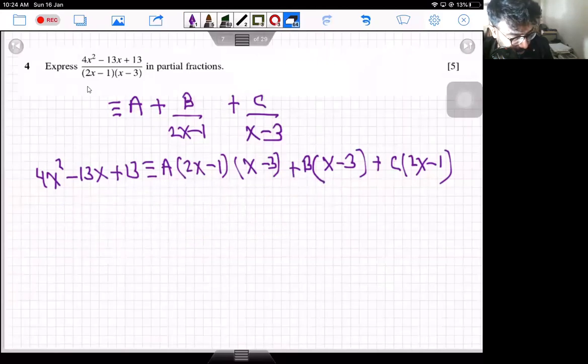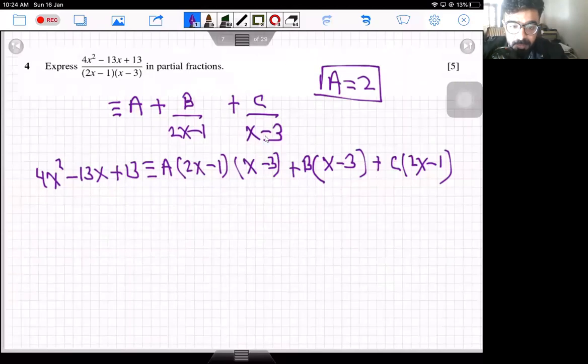I'm erasing this working. Now I'm going to make a and b equal to 0. I want to eliminate a and b so that I can find the value of c. For that purpose, I need to substitute x is equal to 3.